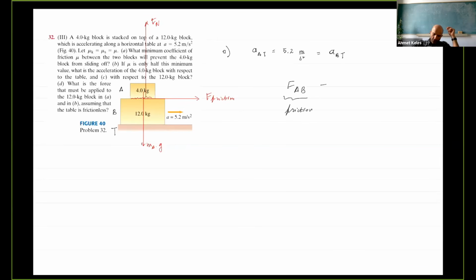Of course, it's equal to mu times normal force, which is mg, but this should also be equal to, okay, m is which m? Let's specify. This is m a. This should be equal to m a times a of a with respect to the table. Good.